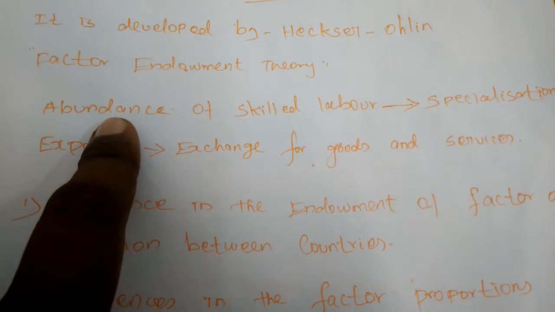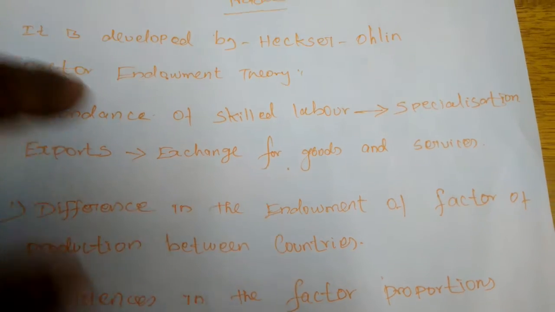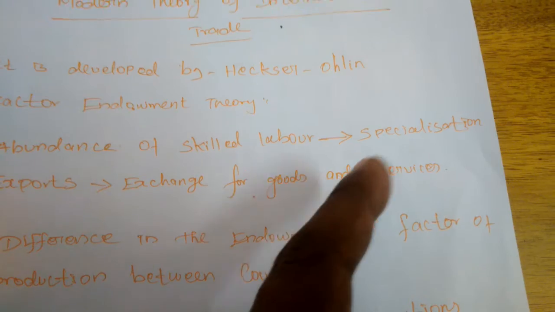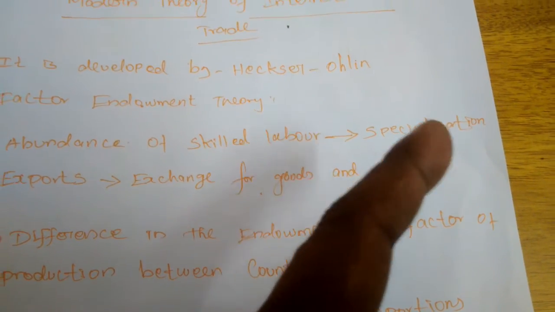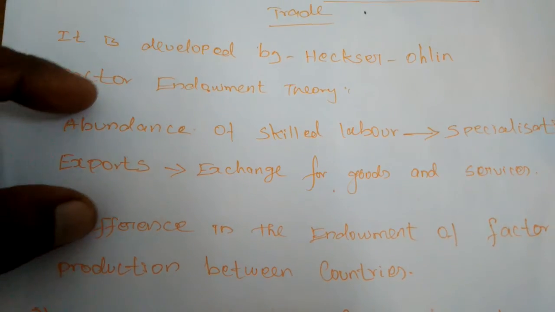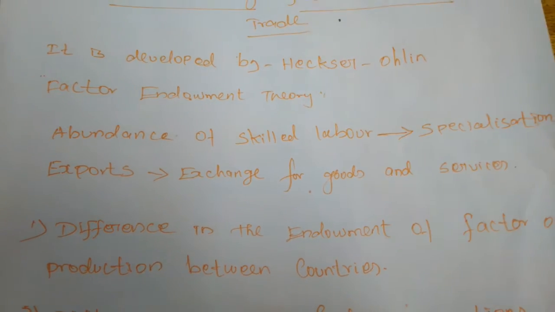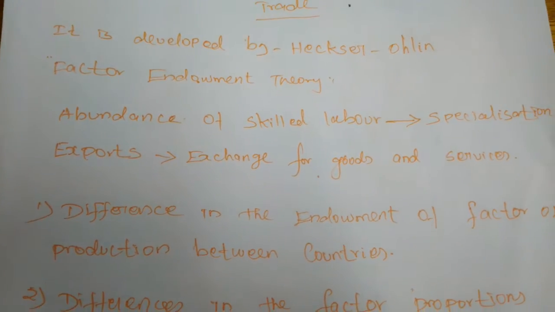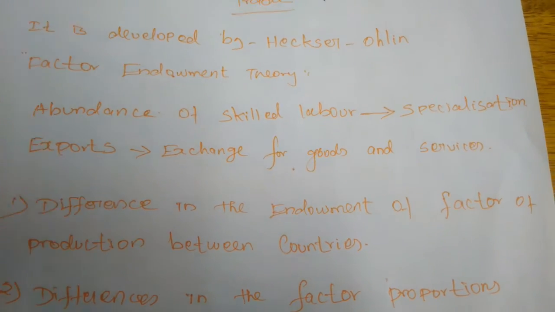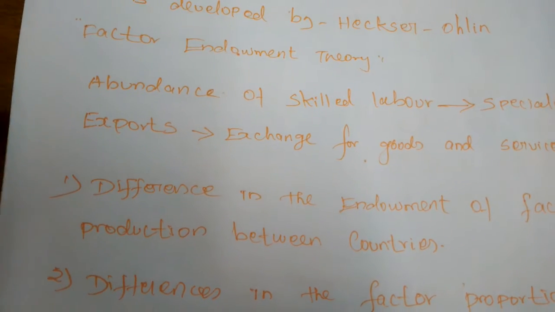If one of the nations has abundant skilled labor, that nation can easily get specialization to produce a particular line of commodities, so that it can export more. Otherwise, the nations which have low skilled labor will import.